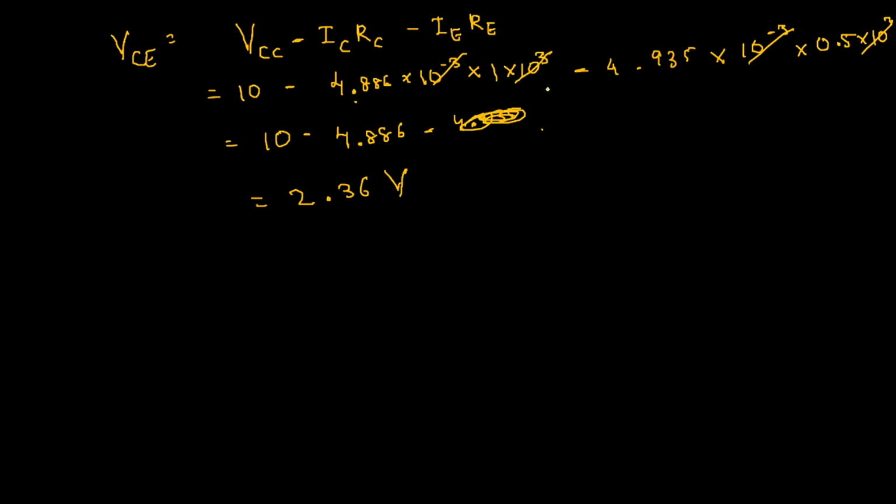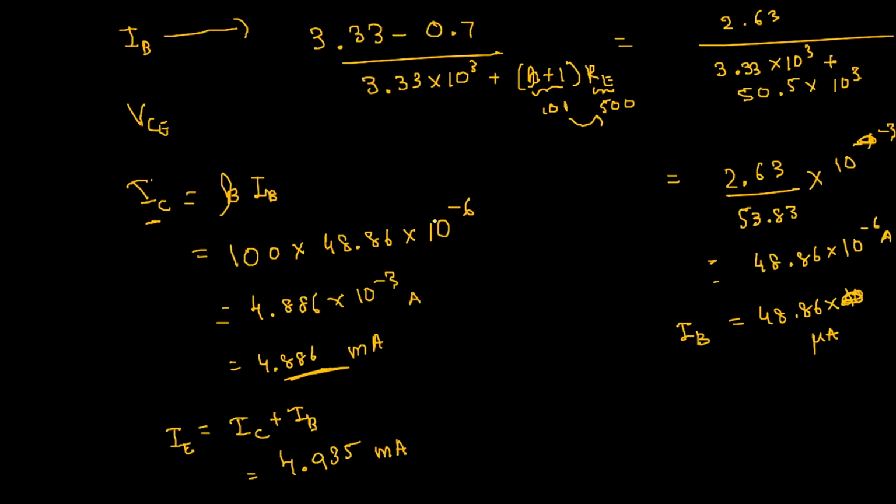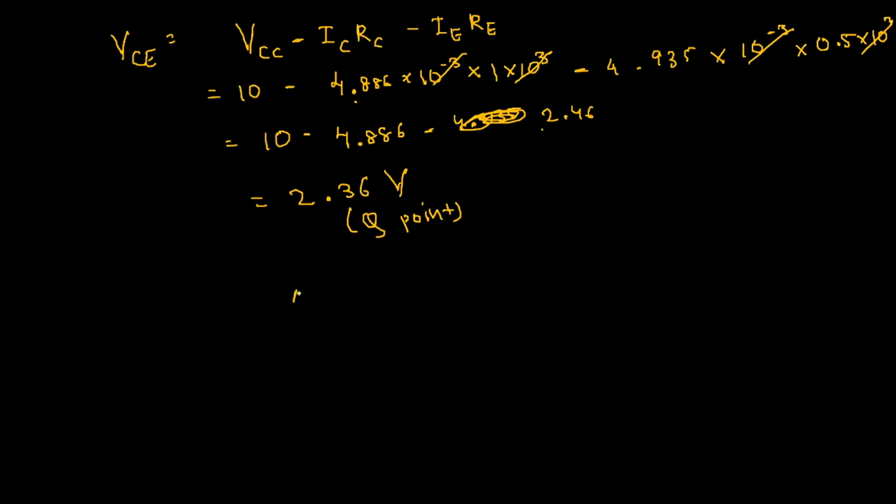This is 4.935 by 2, which comes out to be 2.46. So the final result comes out to be 2.36 volt. So now we know VCE at Q point. We know the value of IC at Q point. So we need to plot the load line and the Q point now.